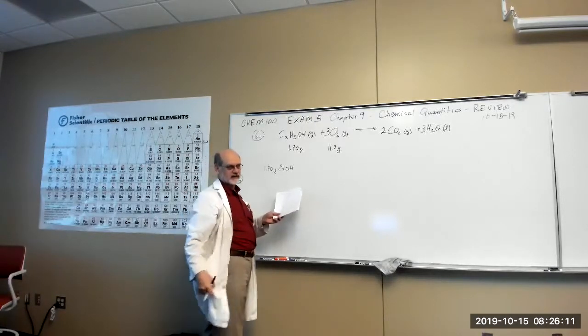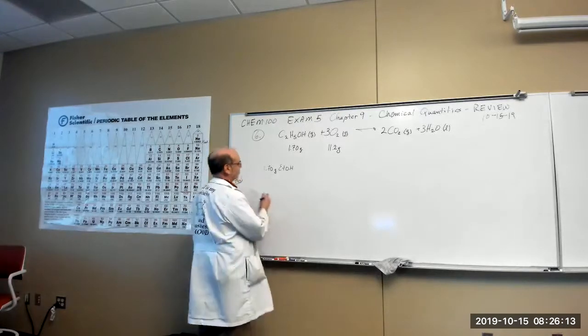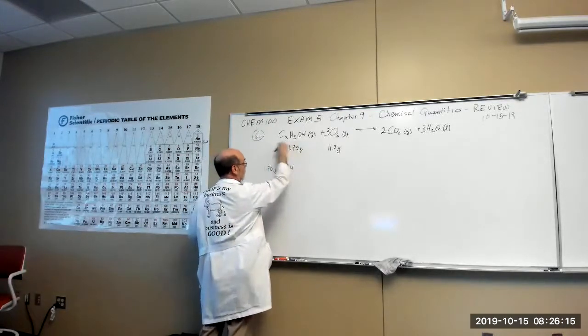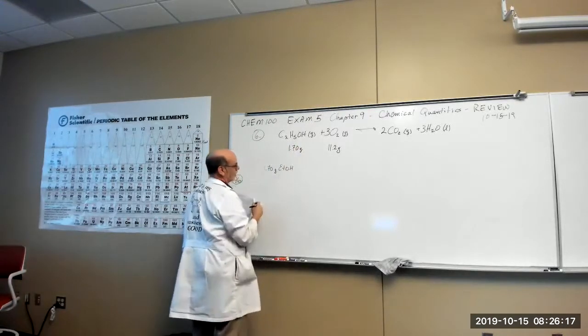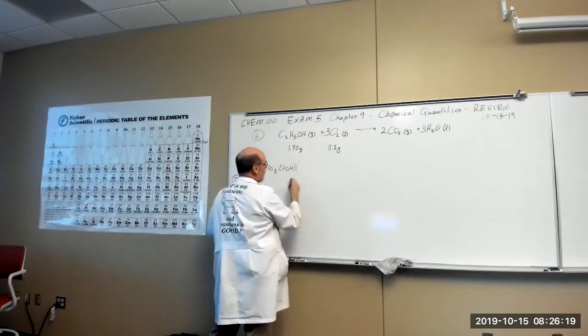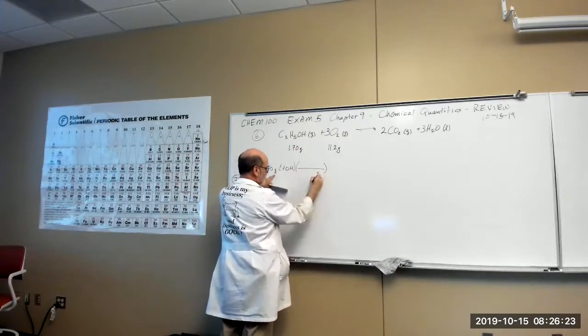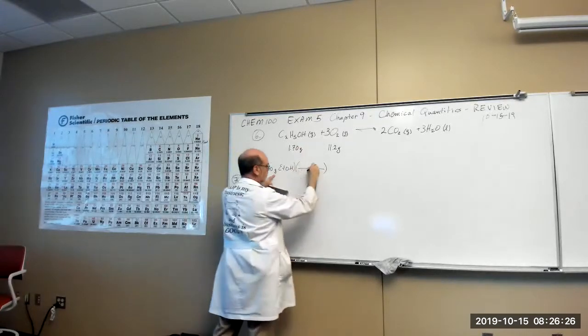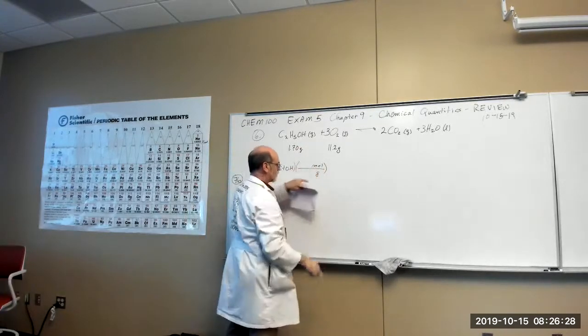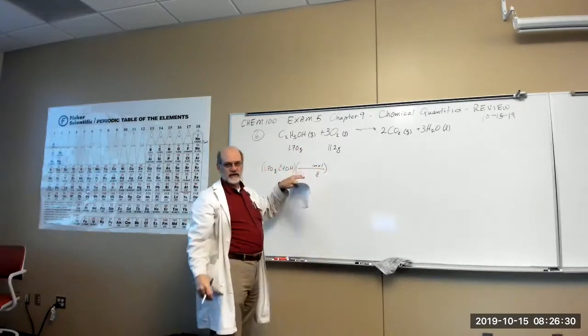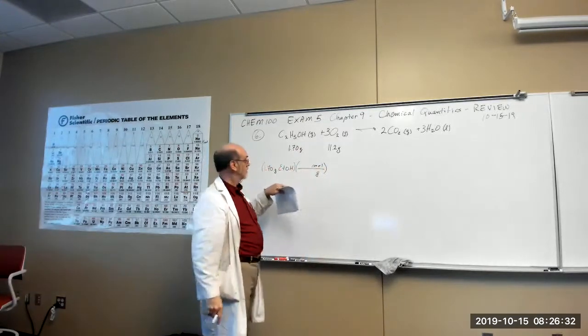You might see that again sometime. But that's this molecule right here, ethanol. We've got to convert that to moles. So grams on the bottom, moles on the top. Whenever you see a quotient of grams and moles, think molar mass.